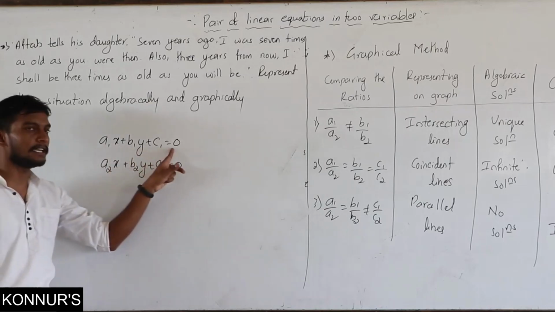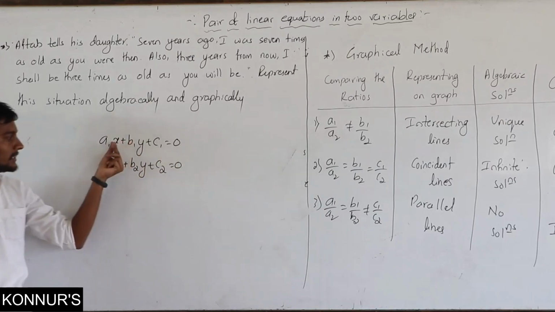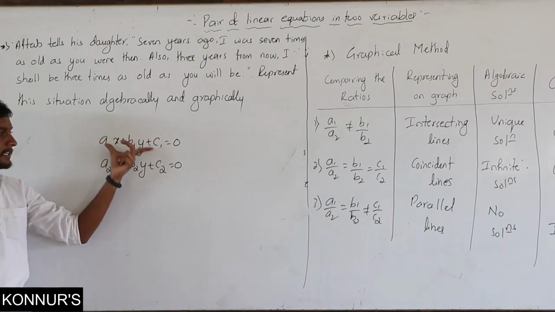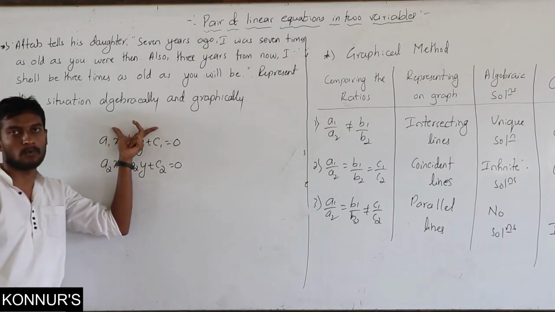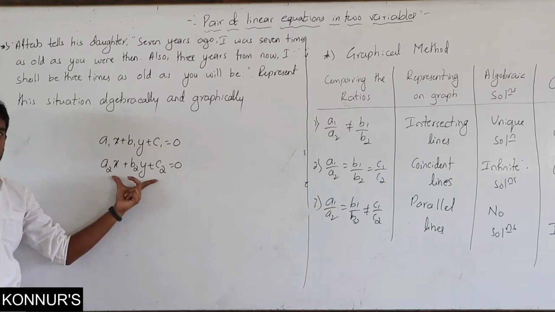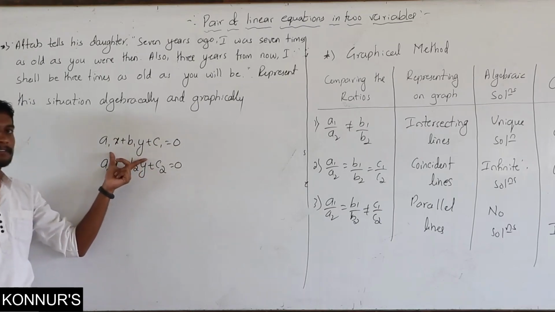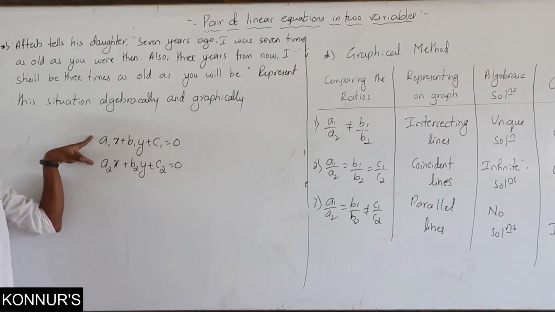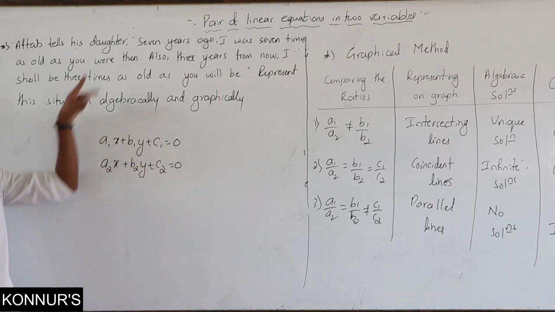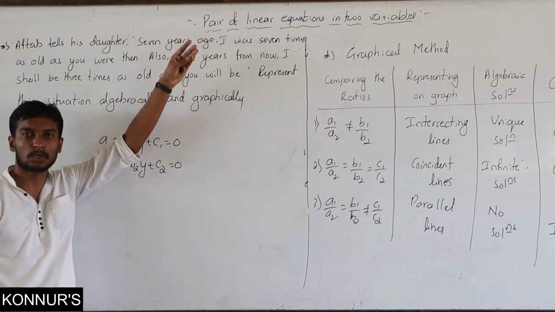It is one linear equation in two variables, because here x and y are the two variables, and it is an equation having degree 1. And it is another linear equation in two variables. Here also the degree of the linear equation is 1. So these two linear equations together are called a pair of linear equations in two variables.